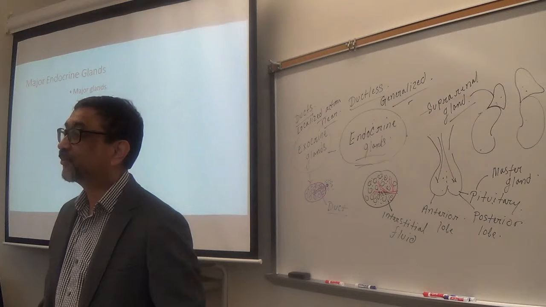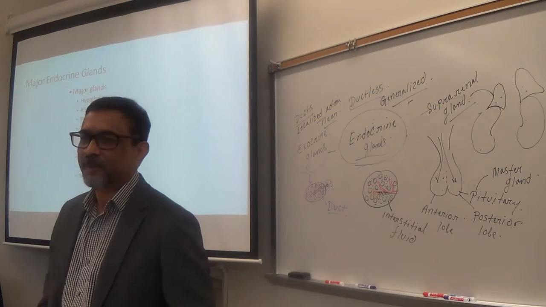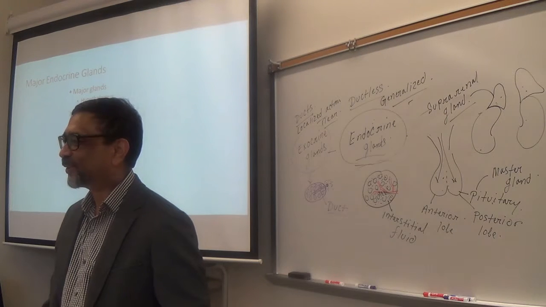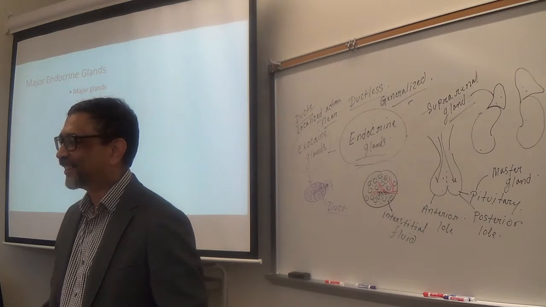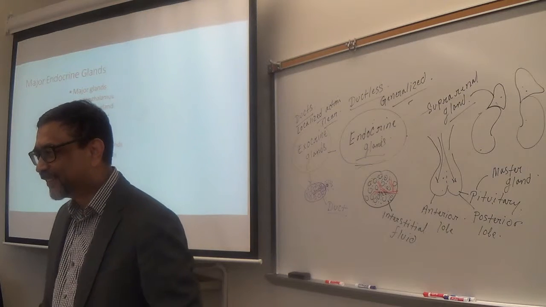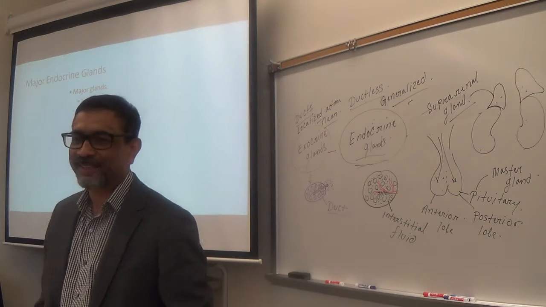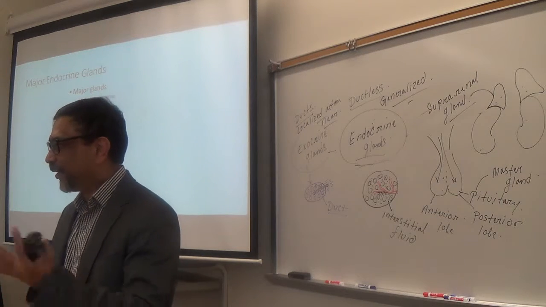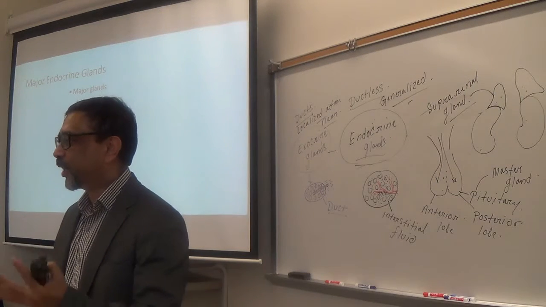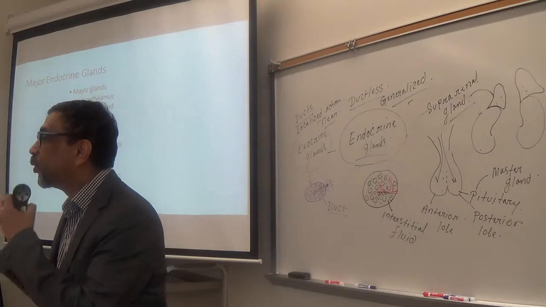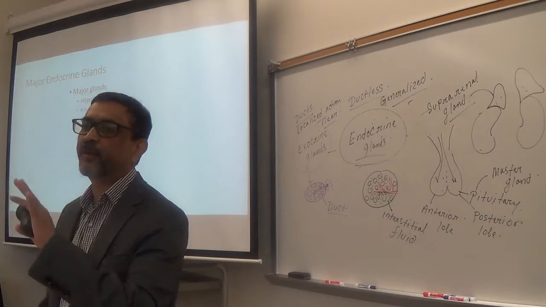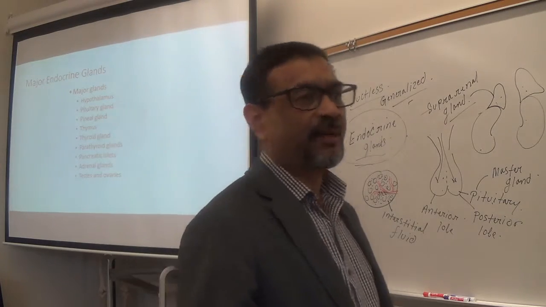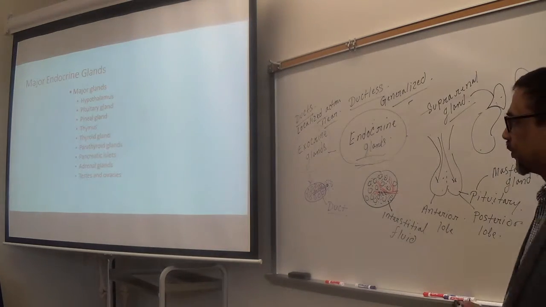So how many gonads do you have? Two. Both male and female have two gonads. In males, two testes, and in females, two ovaries. Those are called gonads, male gonads and female gonads, and they are also endocrine glands.